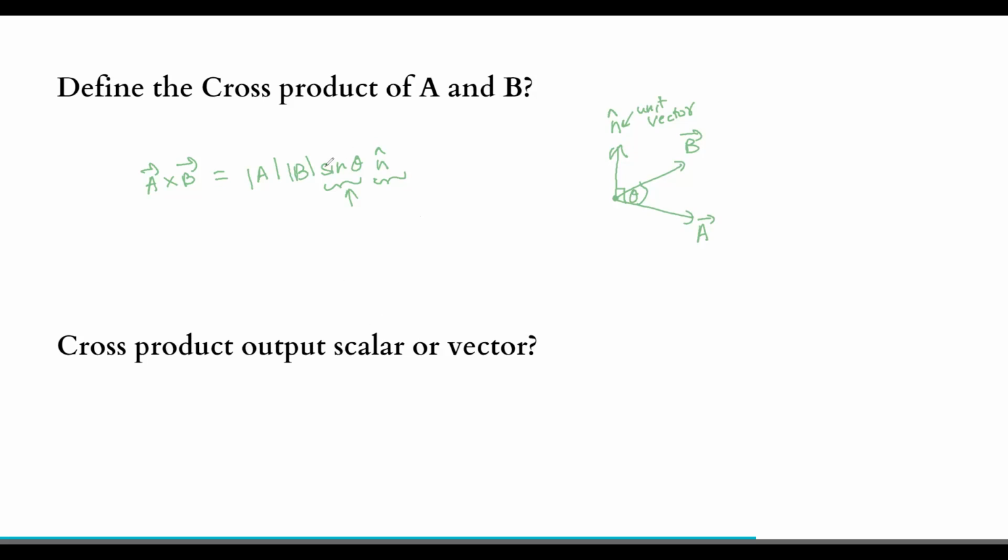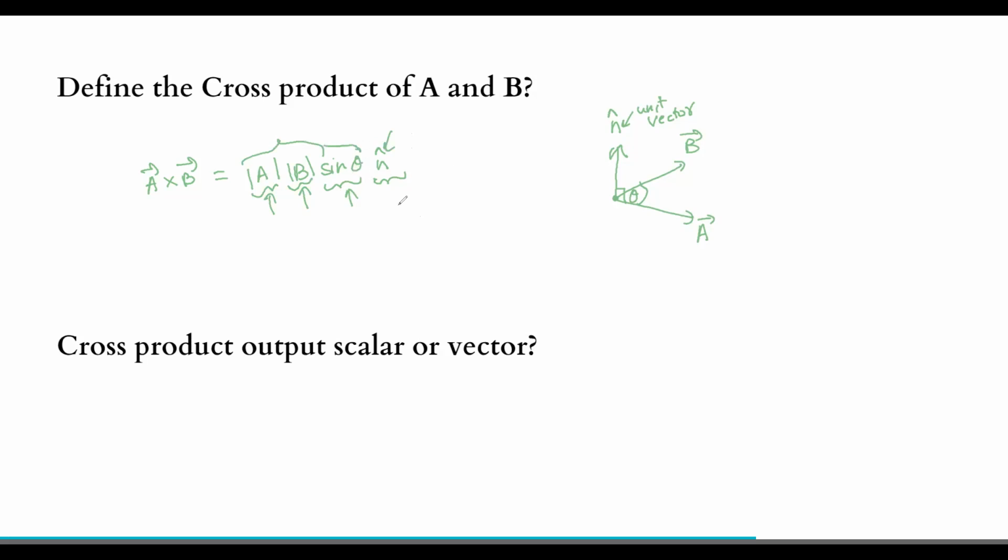The cross product, as you can see, is a vector. This is a vector magnitude, which is a scalar. So all these are scalars. However, this unit vector makes it a vector.